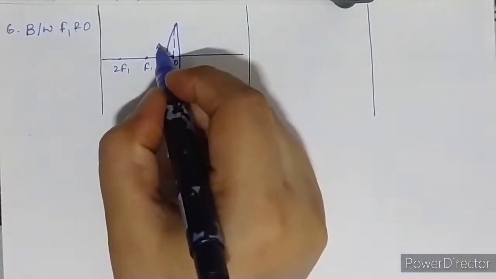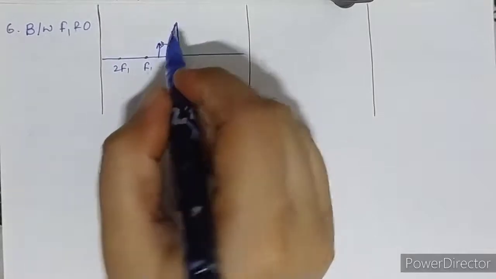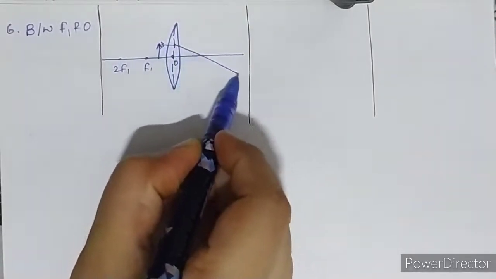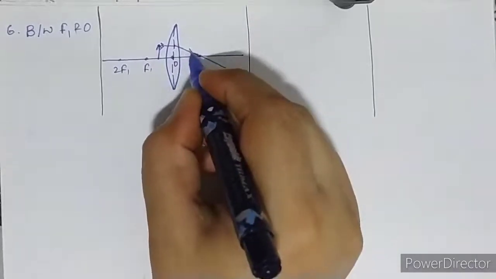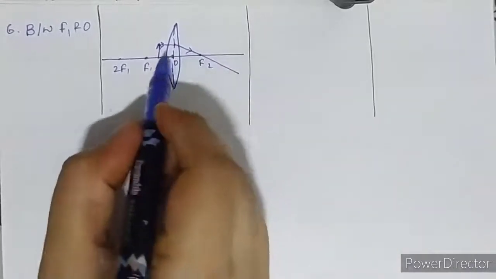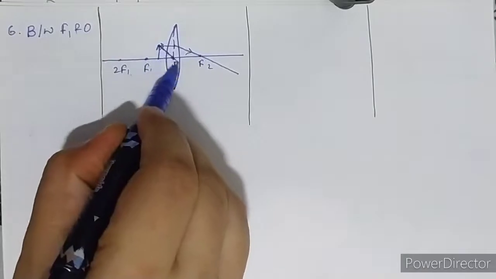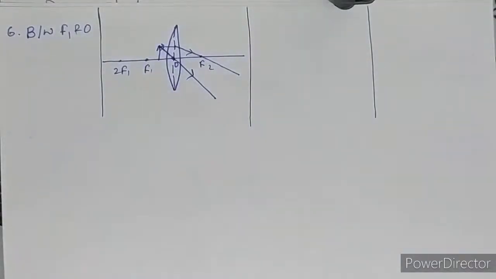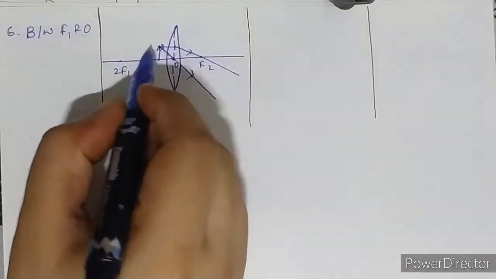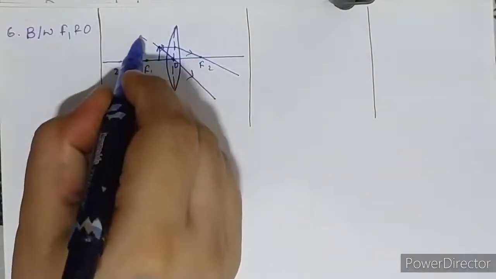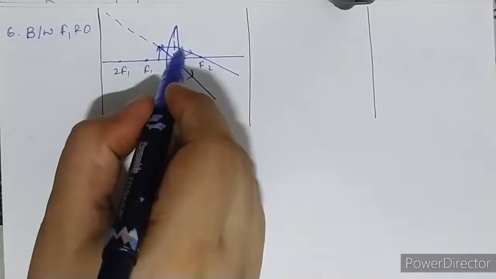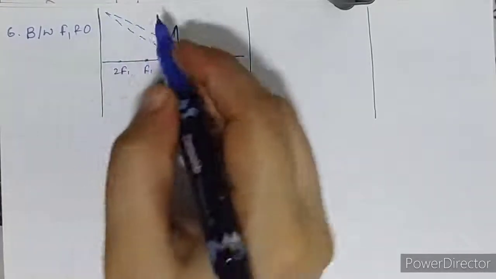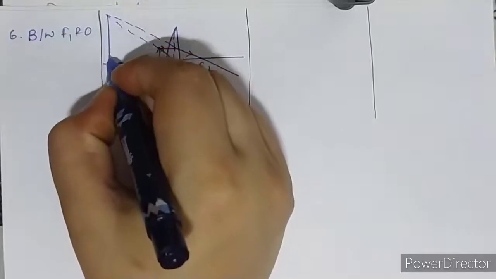So when the ray is parallel, it will pass through the focus point f2, and another one goes from the optical center. They diverge, so what we have to do is extend the refracted rays on the backward side, and where they meet, there the image is formed.